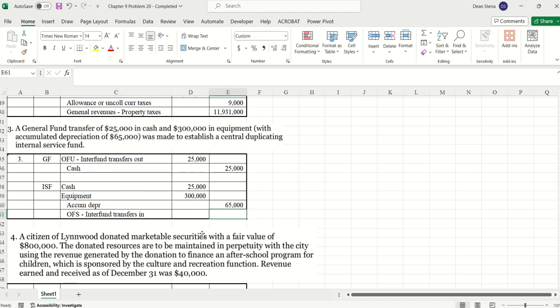And that is going to be the difference between the 25, the 300 minus the 65. So that's going to be 260 is our other financial sources, interfund transfers in. Okay.